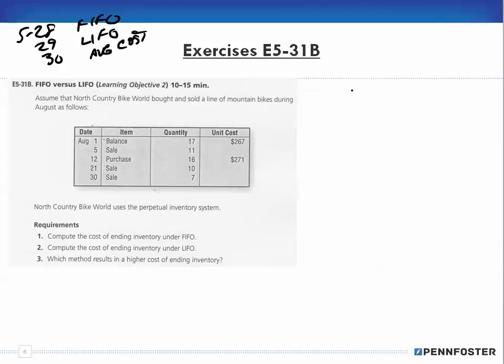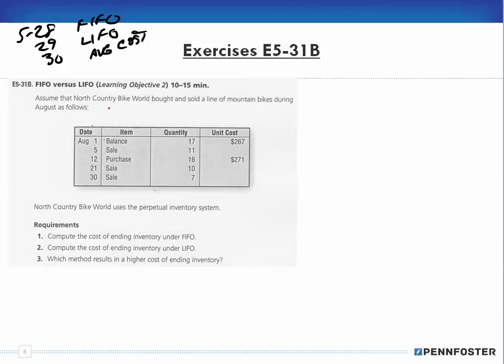You saw the entire card or schedule, whatever you want to call it, for keeping track of your perpetual inventory. I suggest that you go back and watch those videos, even though this one is going to be very similar in the math. You'll see what I mean here.